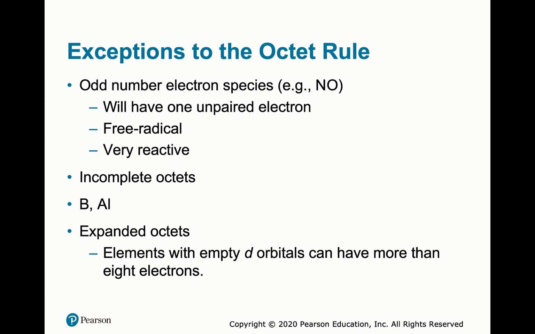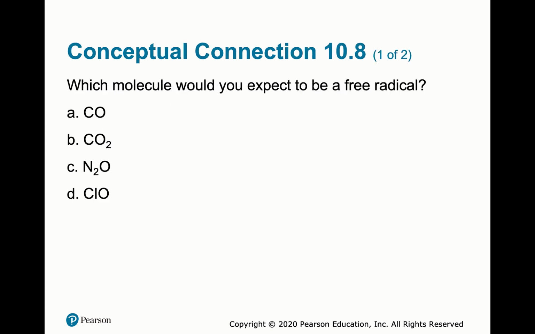So the third row in the periodic table, these have empty d orbitals, and then they can have more than 8 electrons because after the third principal quantum number, there are d orbitals available for electron energy levels, but they are not currently occupied. So that's also left over from the quantum mechanical model of the atom.